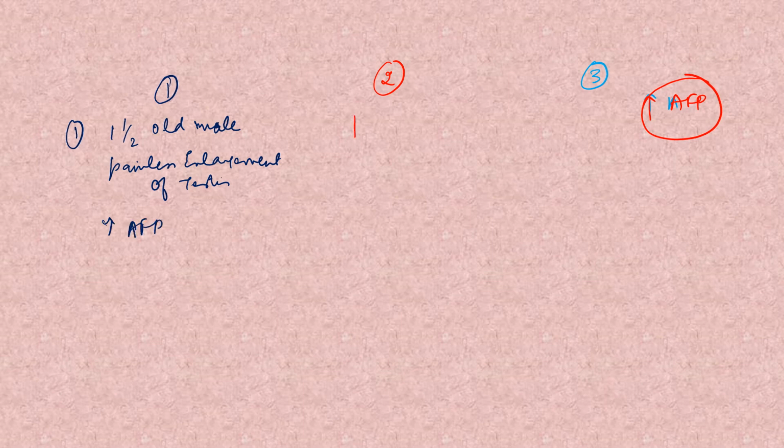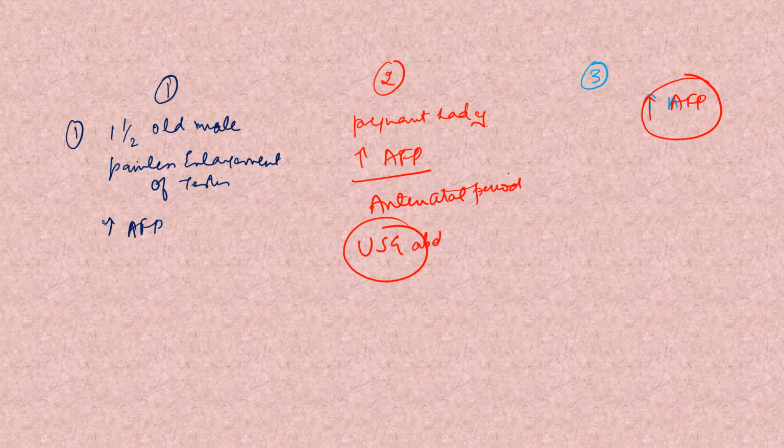Next is a pregnant lady who has elevated levels of alpha fetoprotein in the antenatal period, and she was ordered an ultrasound abdomen to find out if there are any anomalies. Third one is a 65-year-old male, a chronic alcoholic, who was diagnosed to have a mass in the liver with elevated alpha fetoprotein.